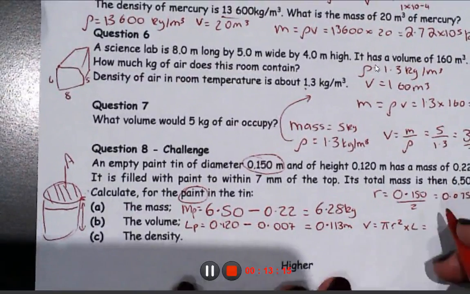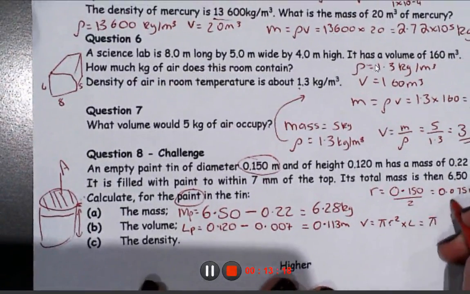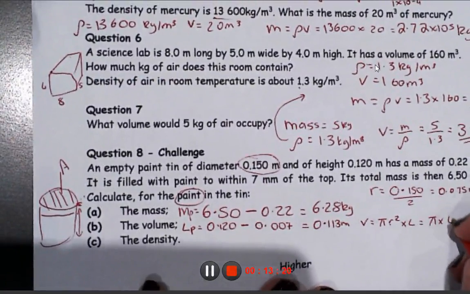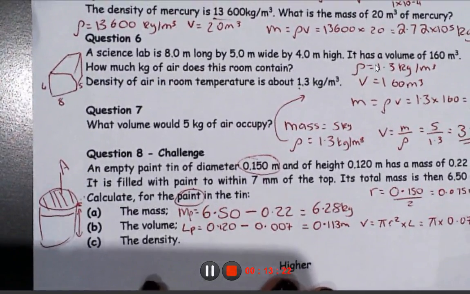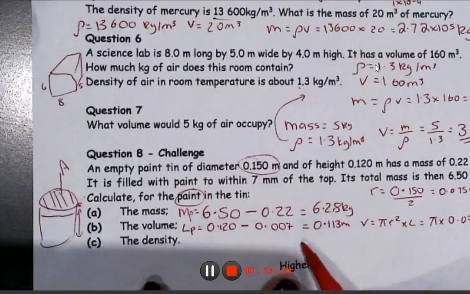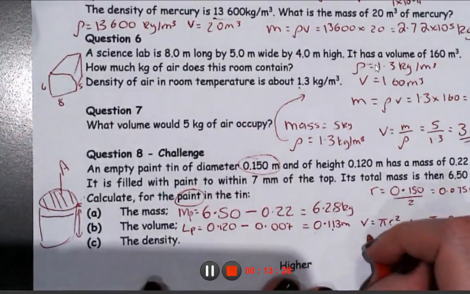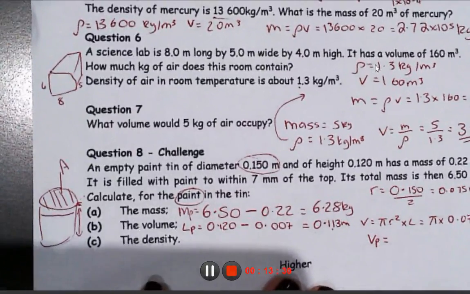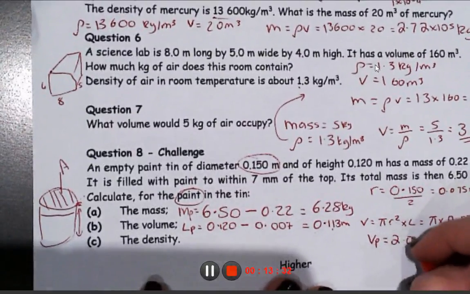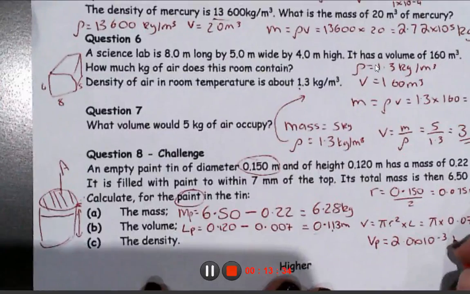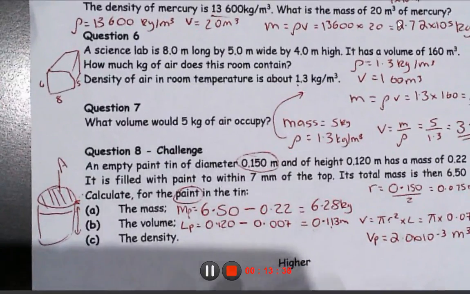So I'm going to substitute all of this in: pi times my radius 0.075 squared, times my length 0.113. That gives me a volume of paint of 2.0 times 10 to the minus 3 metres cubed.